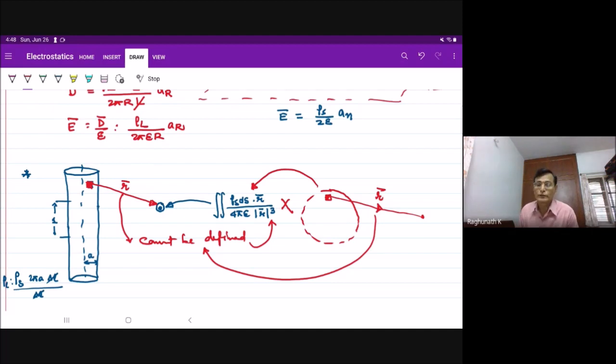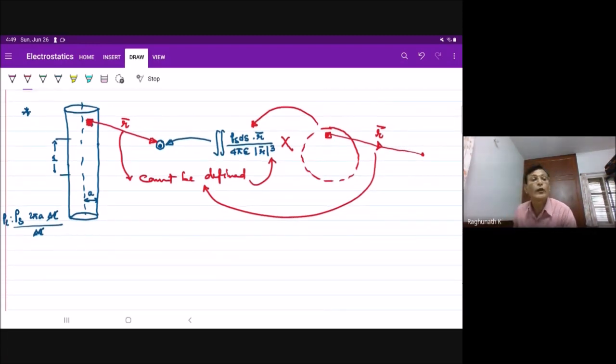Charged volumes are normally not possible, but still we say hypothetical case. In all these cases, we use something called Gauss law.